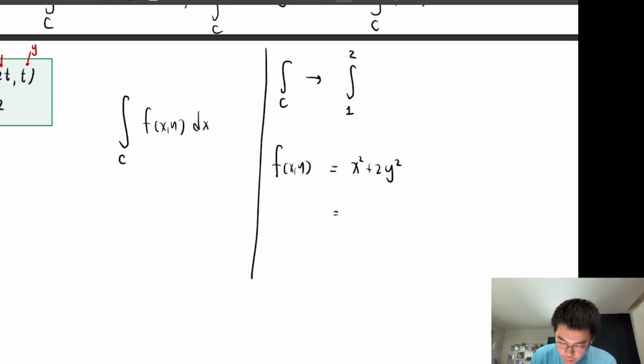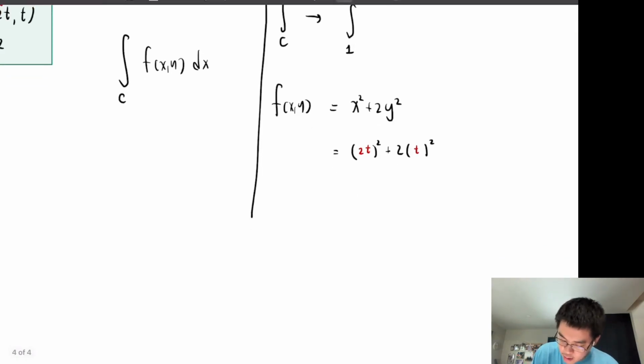All right, so the result would be like this: x by 2t, y by t. And then 2t squared becomes 4t squared. Remember the square distributes inside. 2 times t squared is just 2t squared.